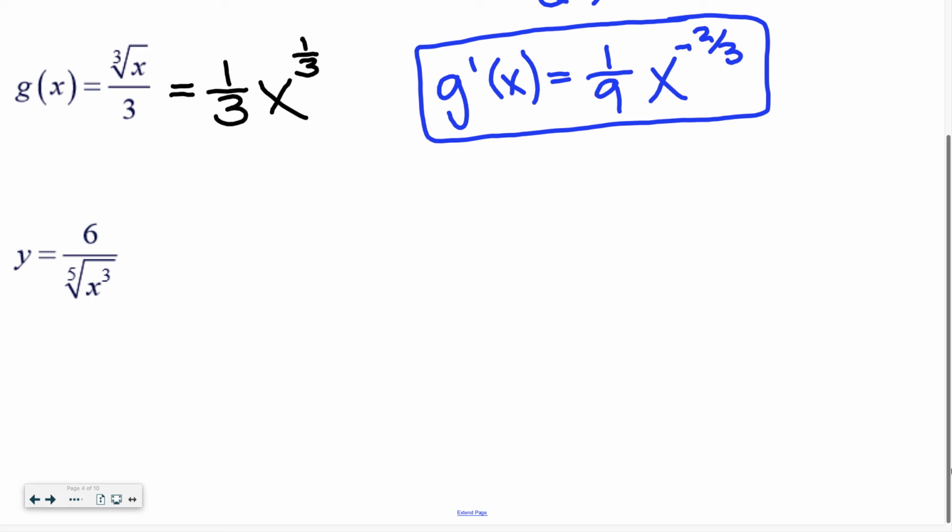Okay. I have stumped some of you, and I'm glad that we're having to think about this a little bit. Our coefficient is 6. What power is x raised to?